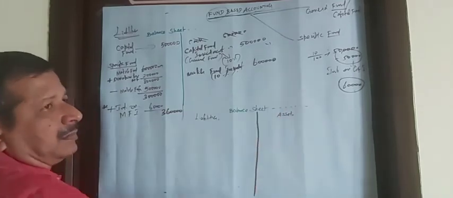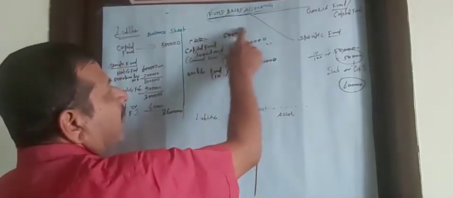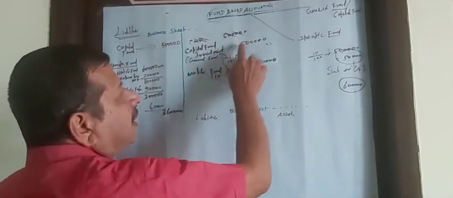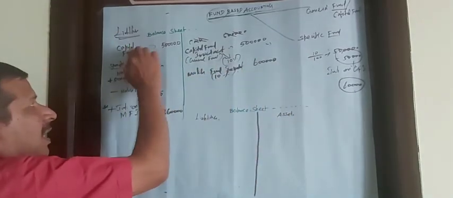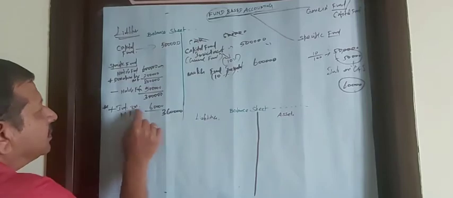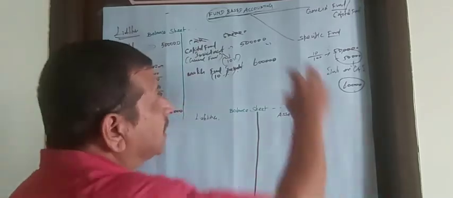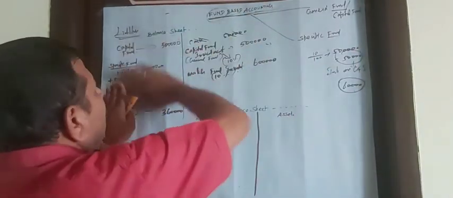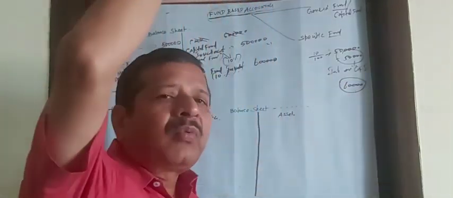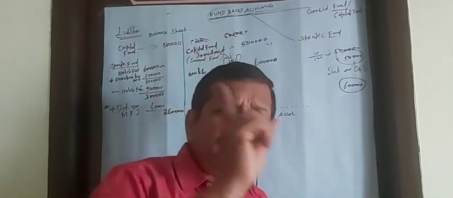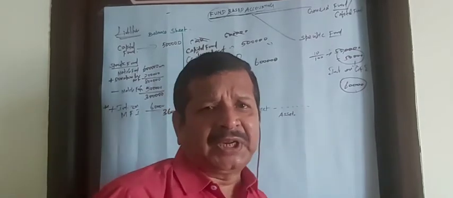Any income coming in respect of the general fund should not be added either with the general fund or with the specific fund. This income will have no place on the liability side. It will be recorded only on the income side of the income and expenditure account. Clear?